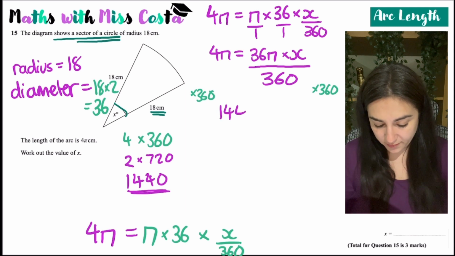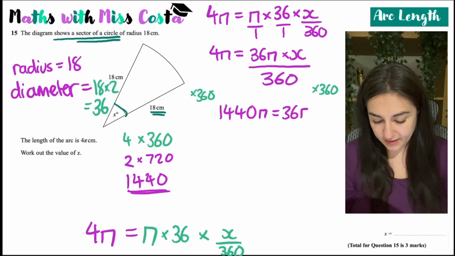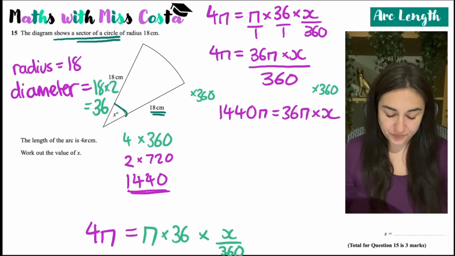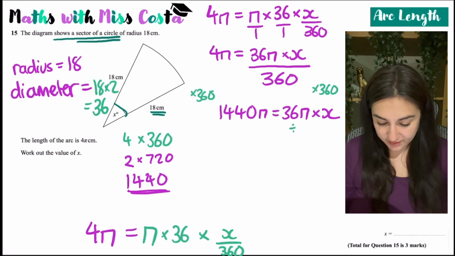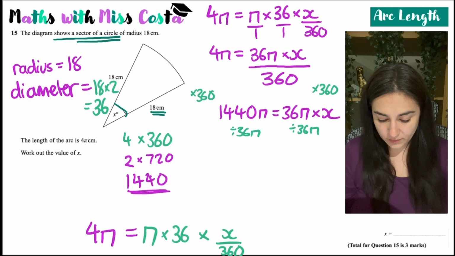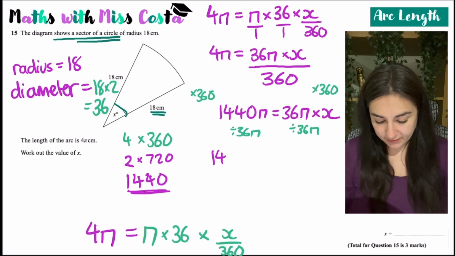So you'd be left with 1,440 pi equals 36 pi times by x. Now what can you do to isolate x? We could divide both sides by 36 pi. So 1,440 pi divided by 36 pi is going to give me x.